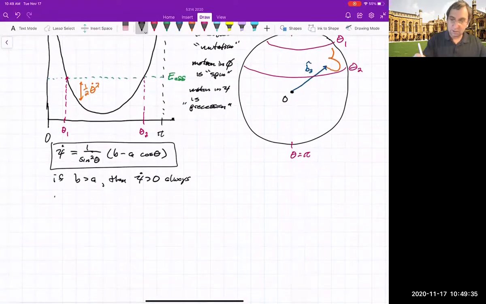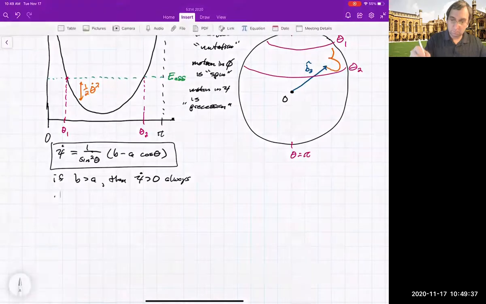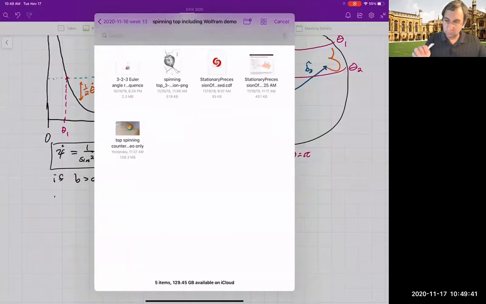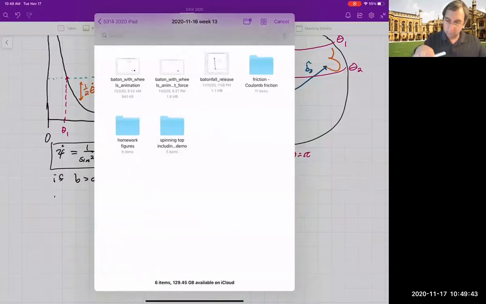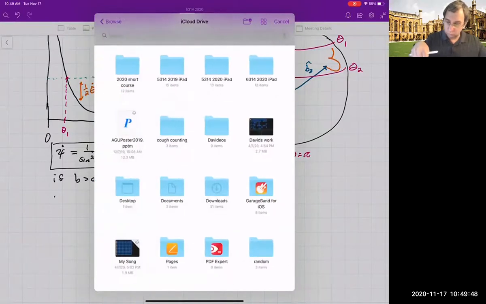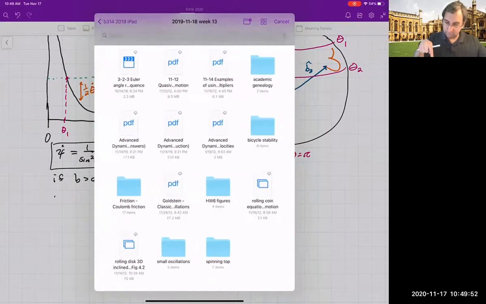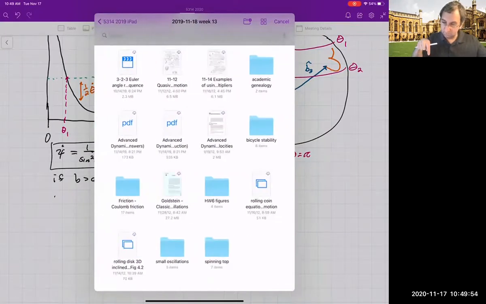Let's show a picture of that. Is it not here? It ought to be maybe here.